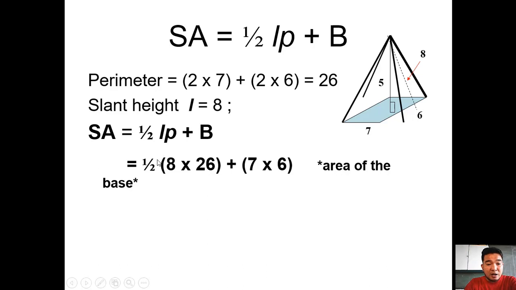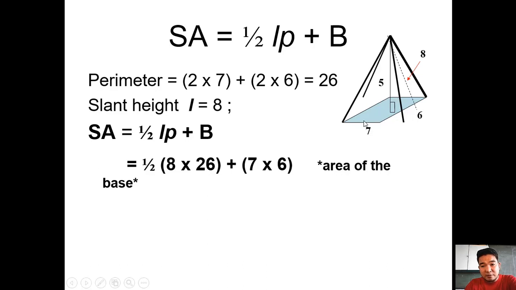So we will have 1/2 of the slant height, which is 8. Then our perimeter, the first one that we solved earlier, which is 26. So paano nakuha yung perimeter? Perimeter of the rectangle. So we have 2 times 7.